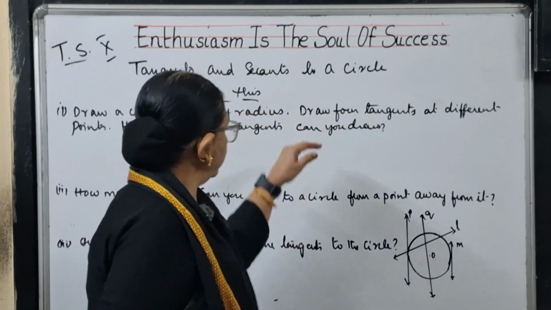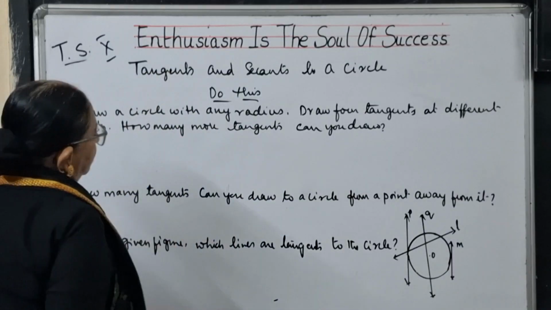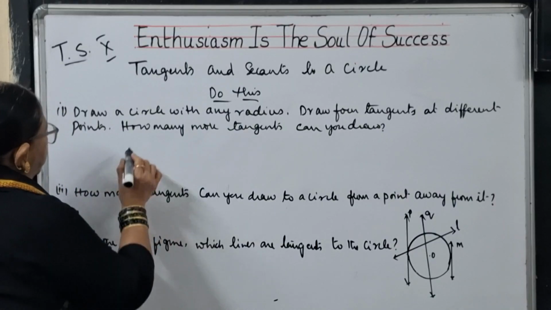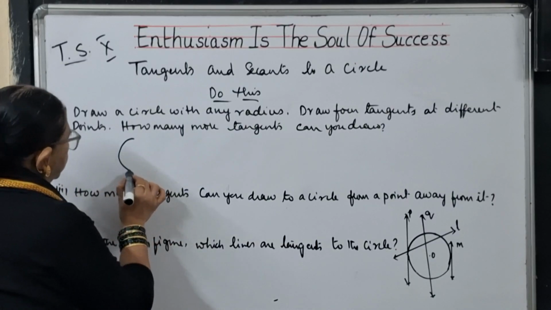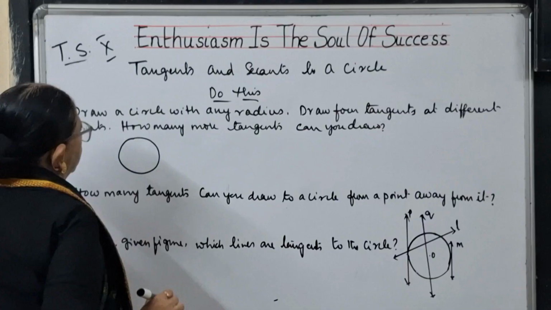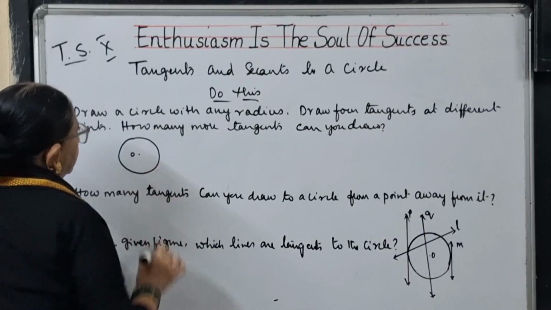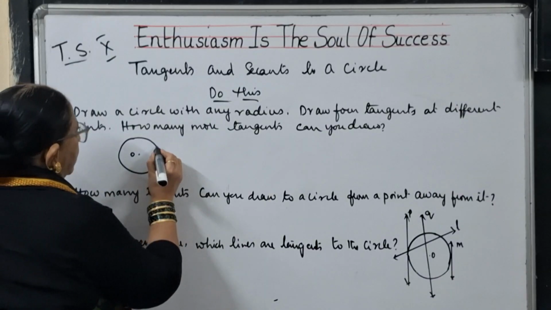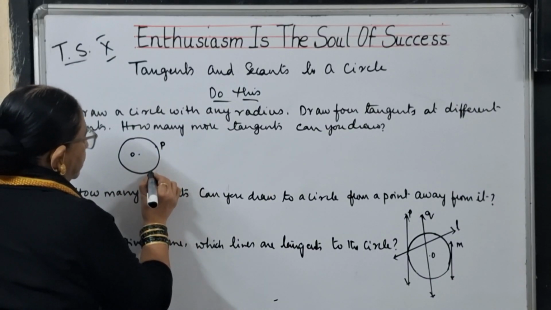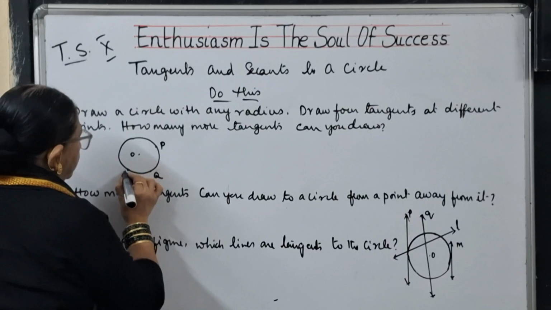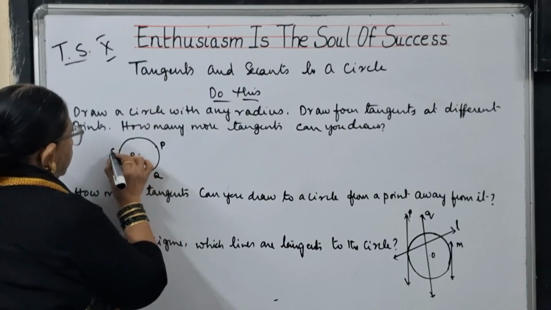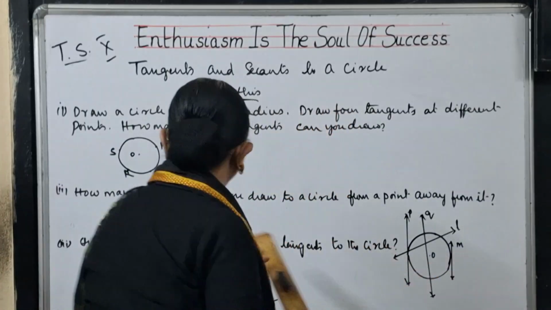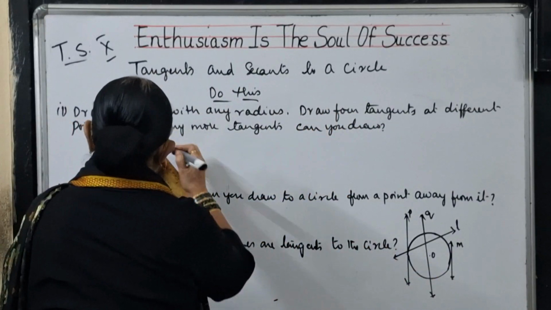I'll proceed with the do-these-sums. The first one: draw a circle with any radius and draw 4 tangents at different points. So children, first suppose we have drawn a circle like this. This is the center. They are asking to draw tangents at 4 different points. So I am taking one point here, P. This is Q, this is R, this is S. Tangent means it should pass through only this one point.